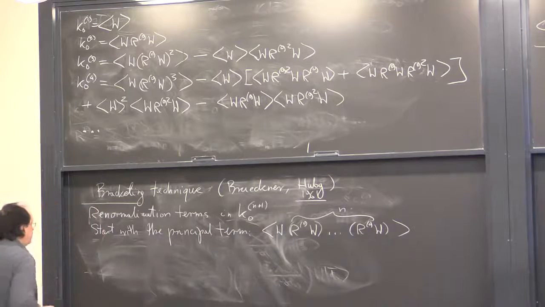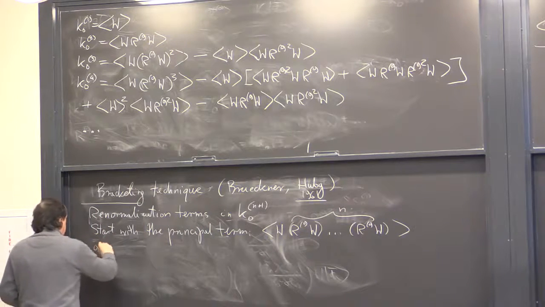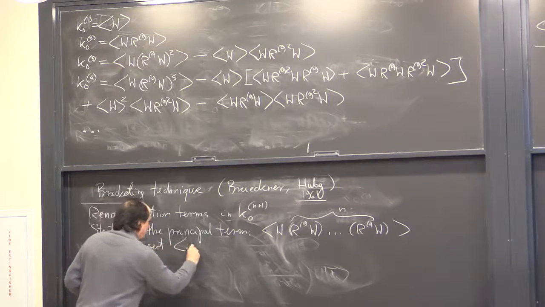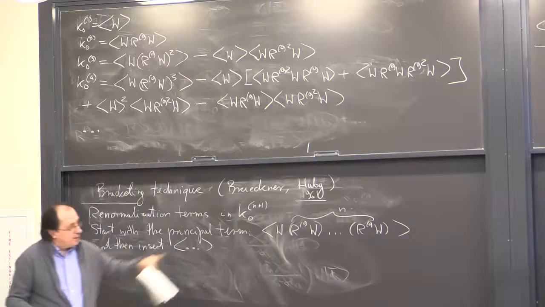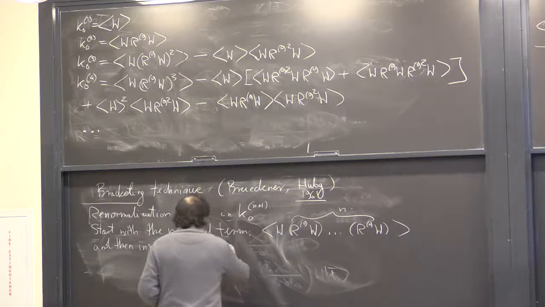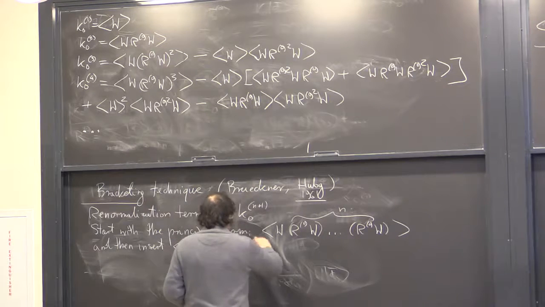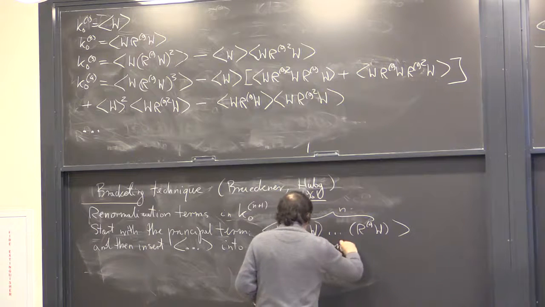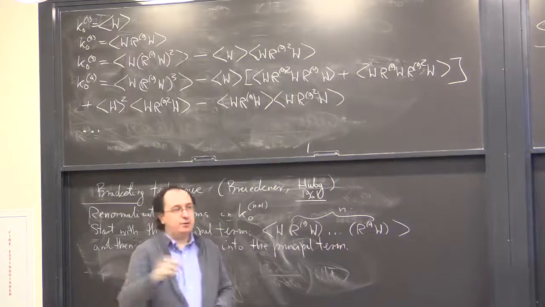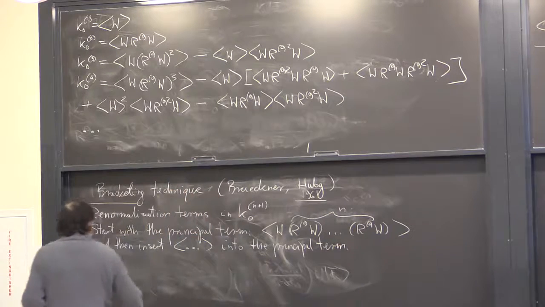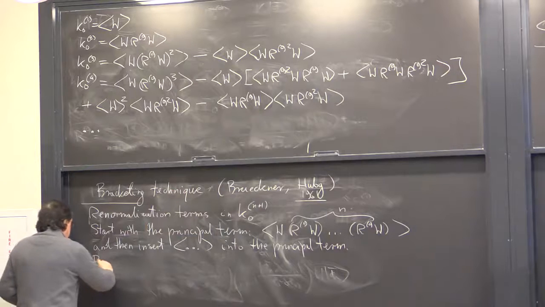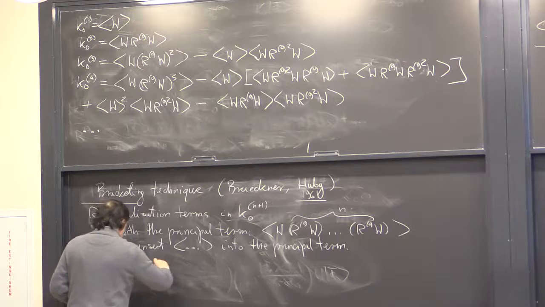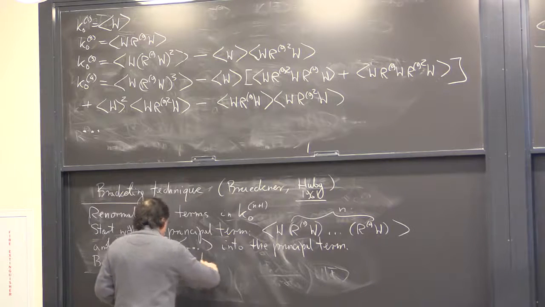So you start with the principal term and then you insert brackets, or pairs of brackets representing the mean value, like I said, into the principal term. Of course, there are rules about how you do this. These bracket pairs must be non-straddling.